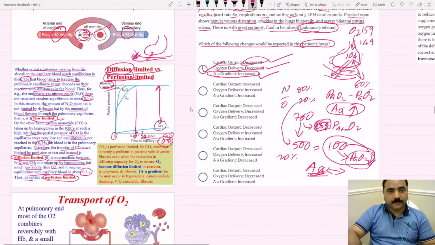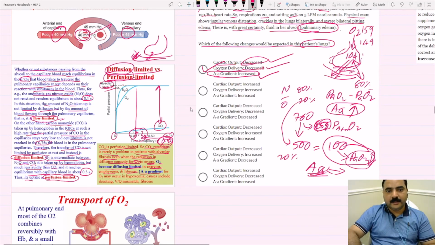Normally it is not diffusion limited because only 0.3 seconds is required and you have 0.8 seconds, so it is not diffusion limited in a normal person. Carbon dioxide is perfusion limited. So carbon dioxide retention is rarely a problem in patients with alveolar fibrosis, even when the reduction in diffusing capacity for oxygen is severe. Oxygen becomes diffusion limited in severe exercise, emphysema, fibrosis, etc.